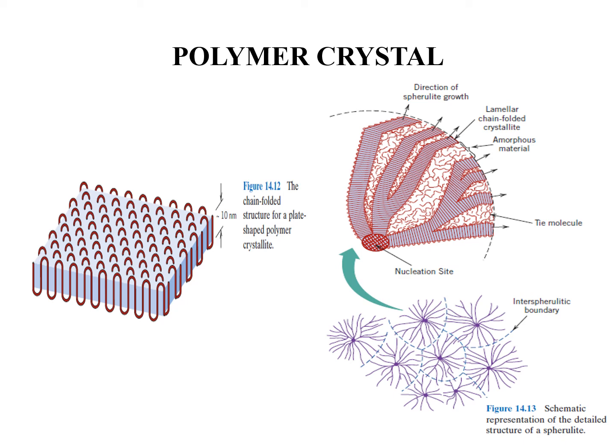It is approximately 10 to 20 nanometer thick, and the molecular chains within each platelet will fold back and forth on themselves, with folds occurring at the faces. So this type of structure is called the chain folded model.